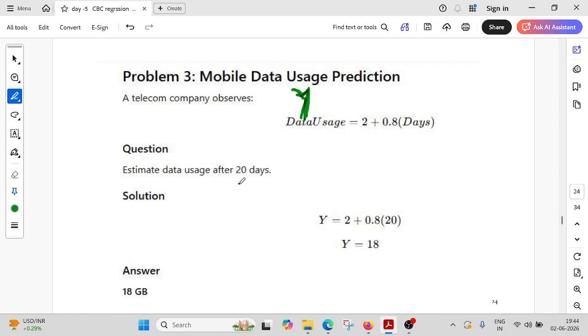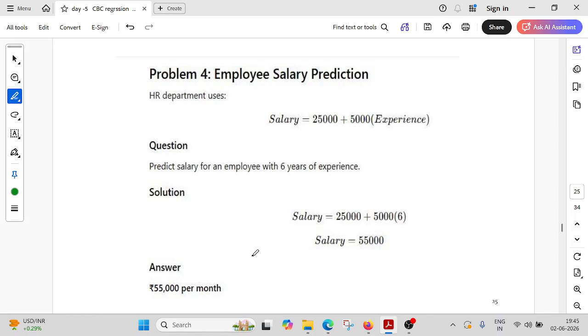What is the question? Estimated data usage after 20 days. Here data usage is y, a is 2, and b is 0.8, and you substitute the days and you get 18. So according to that, the data usage is 18 GB.